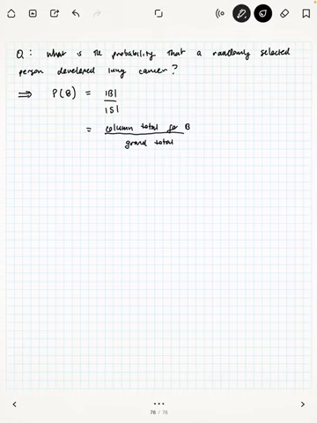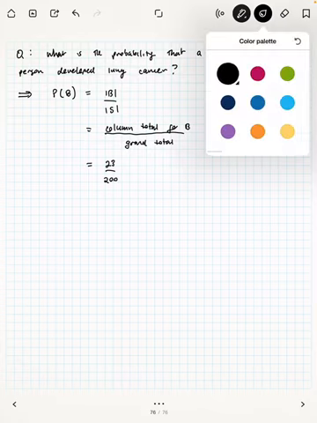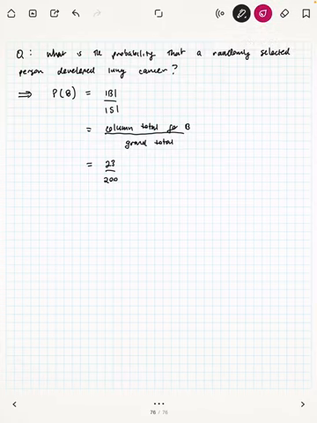And that is going to give us 23 over 200, which, using a decimal approximation, is 0.115 exactly.